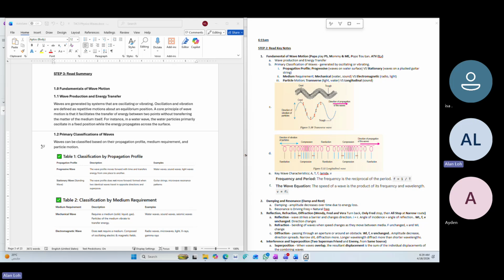Okay, let's do this page from table 3 until wave speed. Let's do 1 minute now.